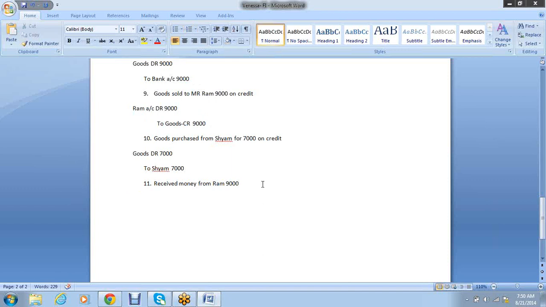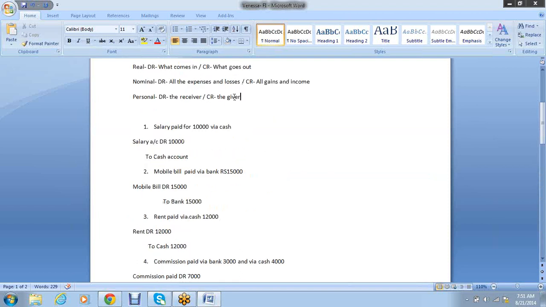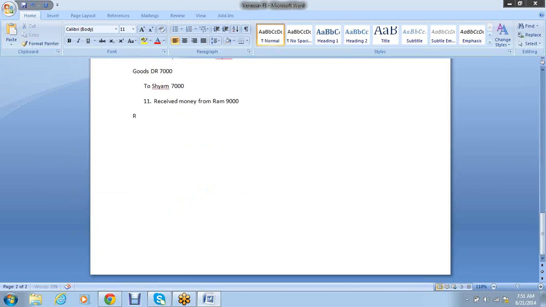So what will the entry be? Ram is a personal account. What is the rule? The giver is credited. So Ram's account will be credit. Correct.